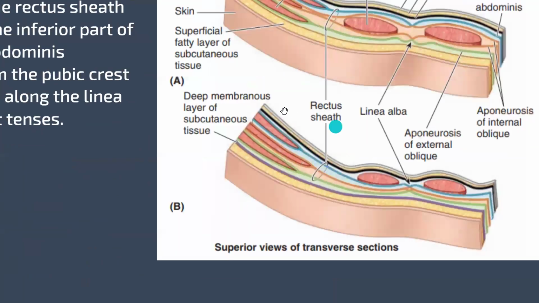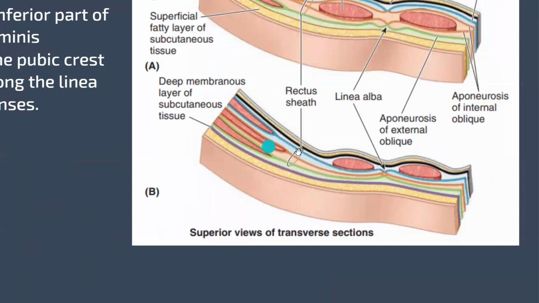Now this is below the arcuate line. You can see that the rectus sheath, all three muscles' aponeurosis, are anterior to the rectus abdominis muscle. The sheath is anterior now to the rectus abdominis muscle. This is the rectus sheath. While only posteriorly covering the muscle is the transversalis fascia in black color.